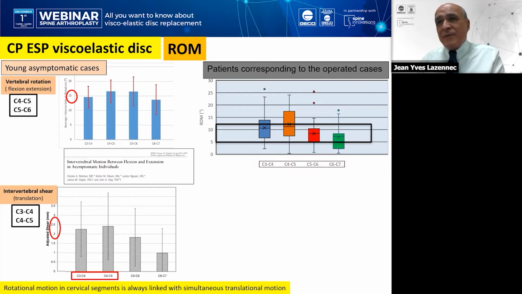In this small graphic taken from 200 cases, you see that the range of angular motion for C5, C6, C6, C7, which are the levels most operated in our experience, is much less than what is expected for young asymptomatic cases.